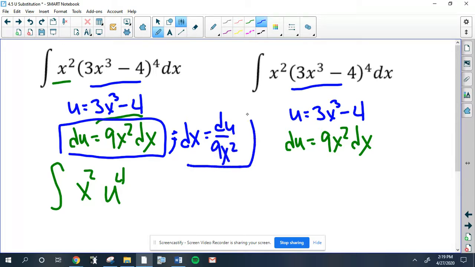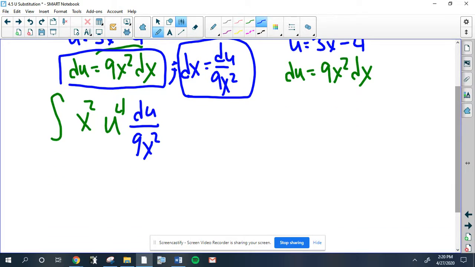So you can substitute this in for dx. And one thing you're going to notice is the x squareds will cancel, which is nice. The 1/9 is a constant.